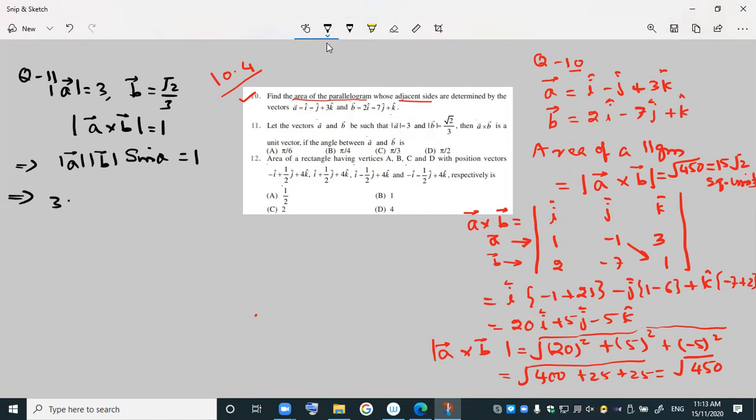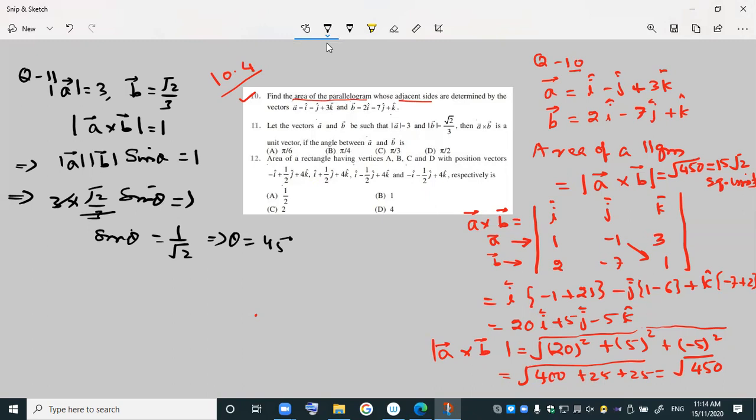Value of A is 3, value of B is root 2 by 3, sine theta is equal to 1. Root 3 will cancel, so we get sine theta is equal to 1 by root 2. Therefore, theta is equal to 45 degrees.